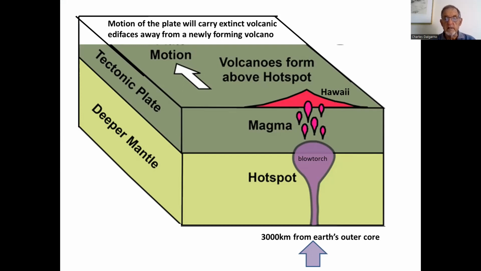But of course, the plates are moving across this. They carry the edifice of the volcano away from the heat source, and you get a line of extinct volcanic seamounts, undersea mounts, extending away, indicating the direction of movement of the plate in past times. Obviously, if you can date those volcanoes, you can tell how much movement there's been from the hotspot in that period.